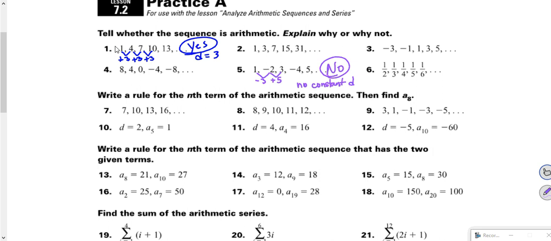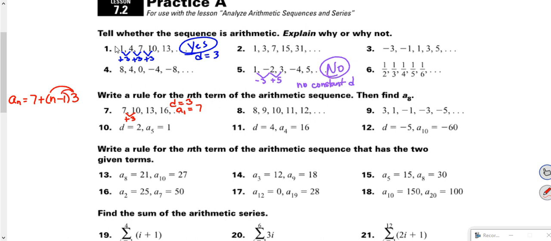Next one, write a rule for the nth term of the arithmetic sequence, then find a sub 8, or the 8th term. So first let's find D. So here we're adding 3. So my D is 3. My A1 is 7. That's the first term. So A sub n is going to be 7 plus n minus 1 times my D, which is 3.